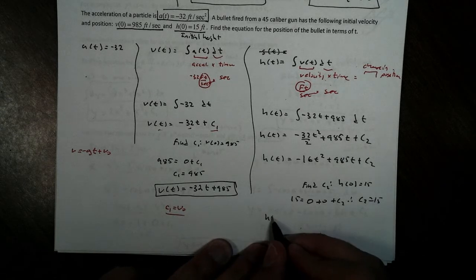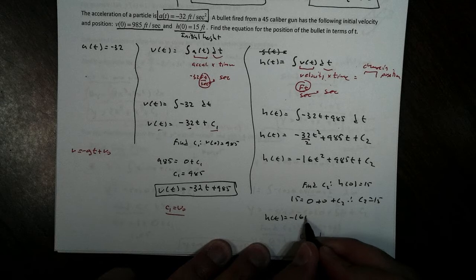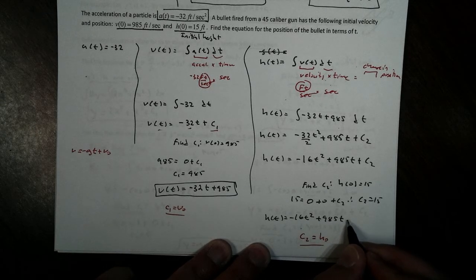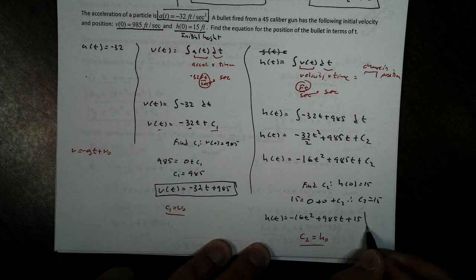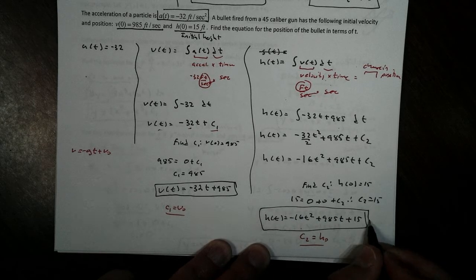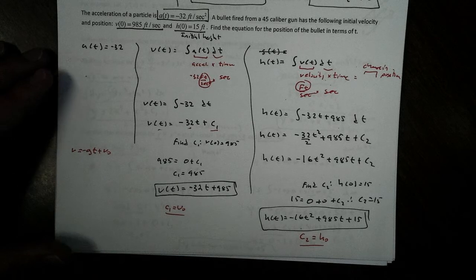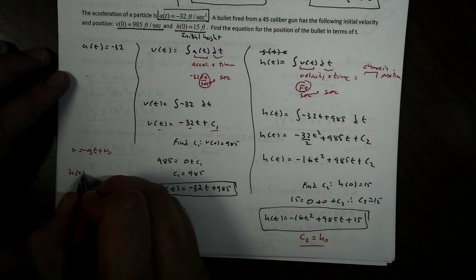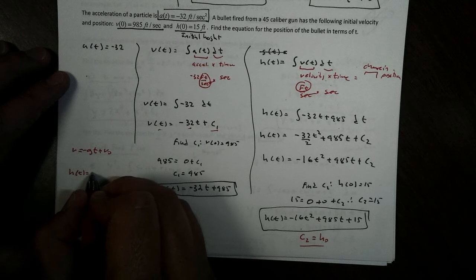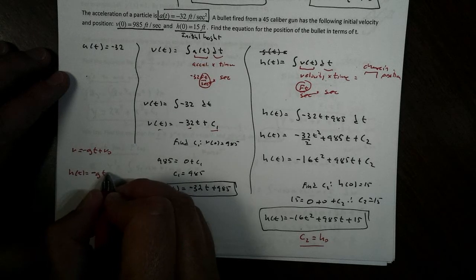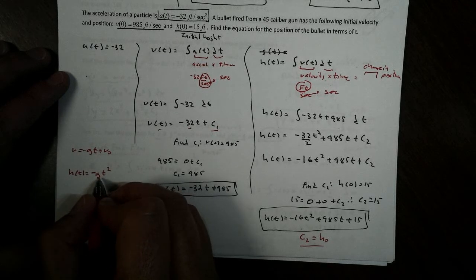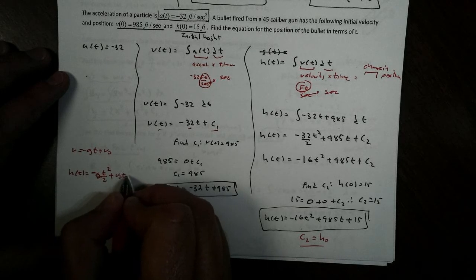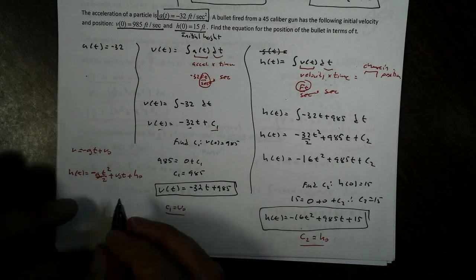So my final equation, h of t, would be negative 16t squared plus 985t plus 15.